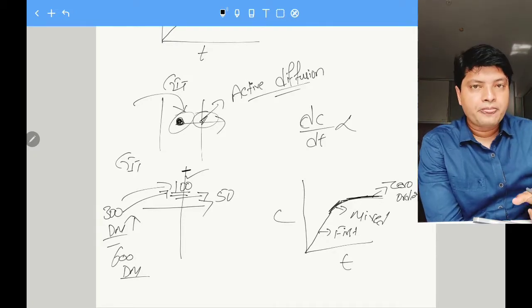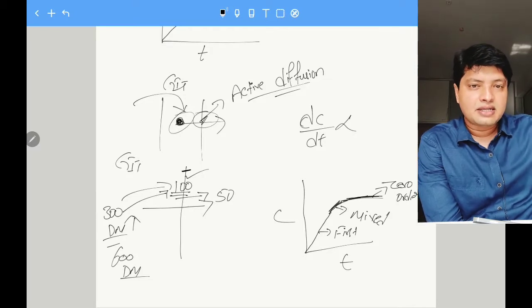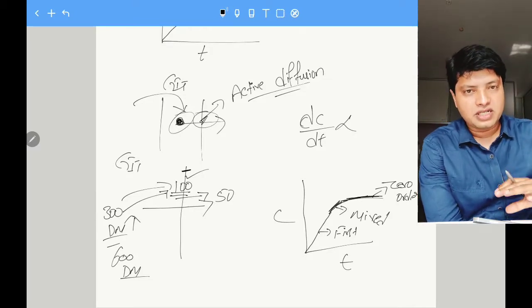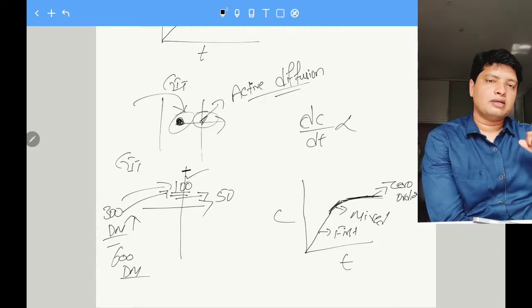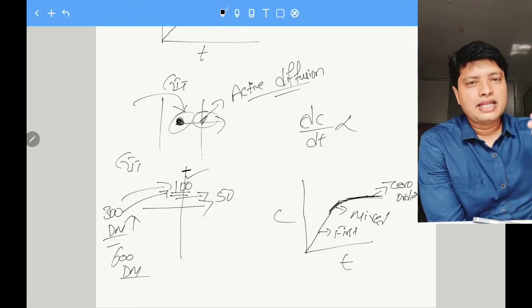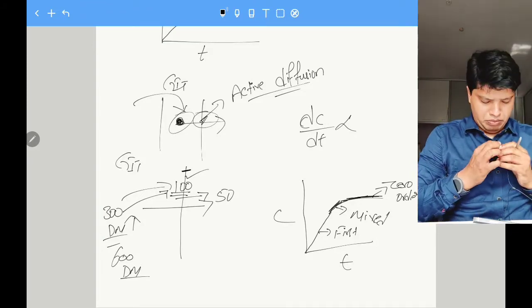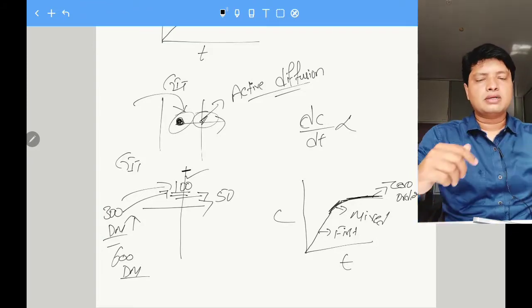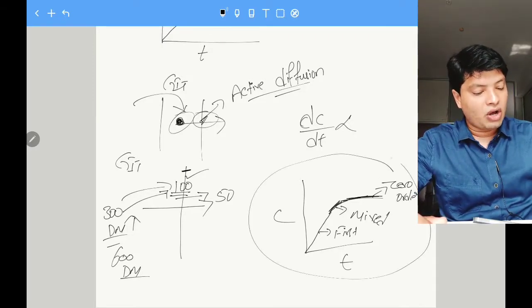So same drug, when the concentration is changing, it is changing its order of absorption. First it is following first order, then mixed order, then it is following zero order kinetics. This we call it as, because it is non-linear.